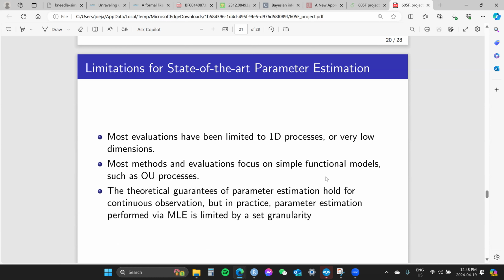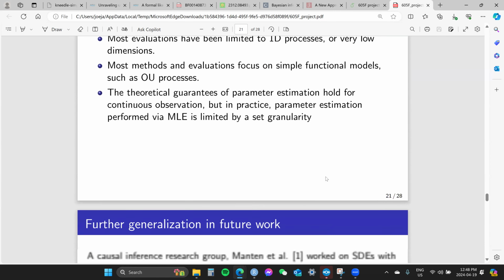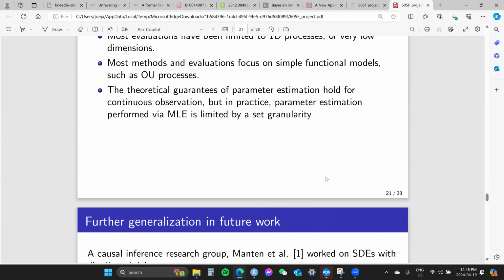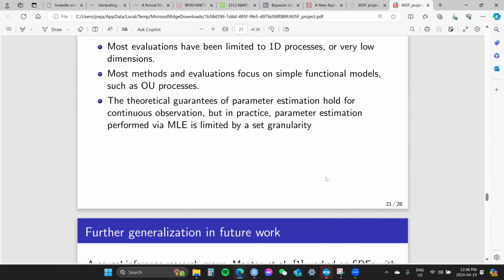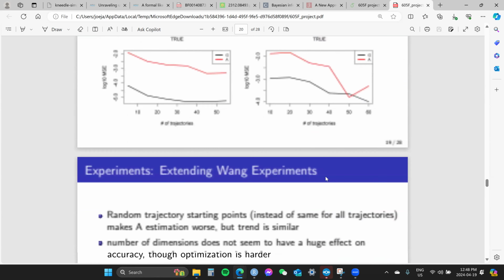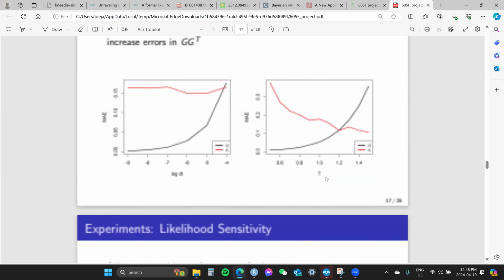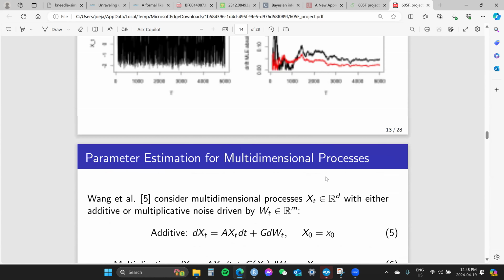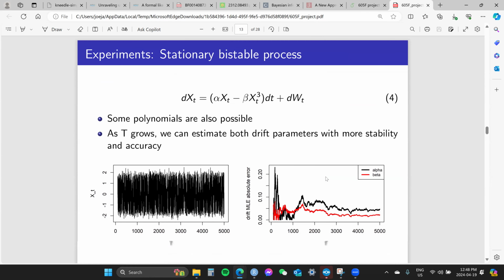There's a lot of research about the debate of what's the error because of discretization and what are the ways to get around it, but that's not the focus of this. It also seems like everything you presented was linear. The drift was linear. There was one case, very quick, they call it a bistable process, this one.